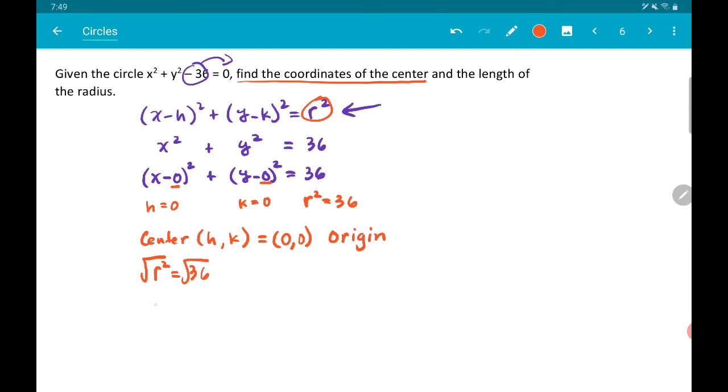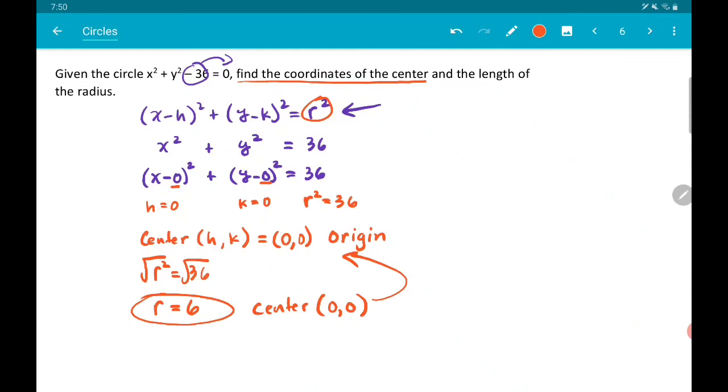The square root of r squared is r, and that's going to be 6. So the radius is equal to 6. In this problem, the center is at 0, 0, and the radius is equal to 6. Makes sense.